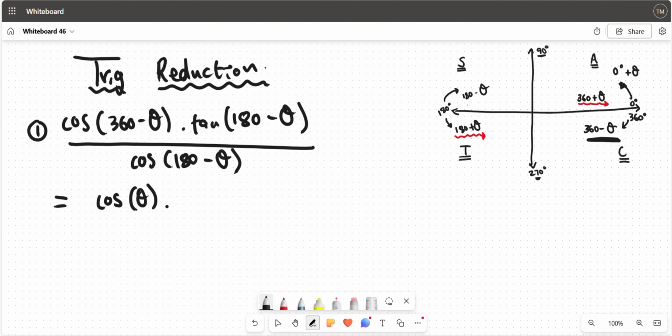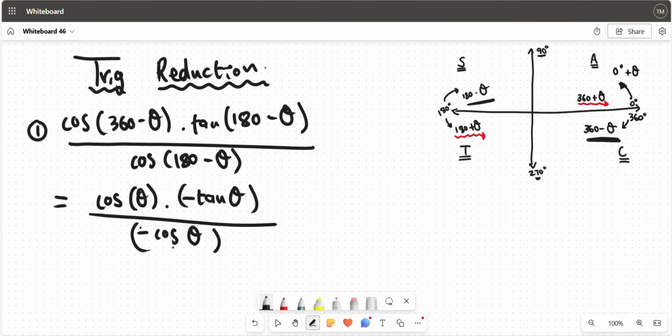That will put it in the S quadrant, and tan is negative in there. So we get this negative tan. And this is all divided by cos of 180 minus theta, which will also make it a negative. So we have a negative cos theta. At this point, you can cancel the cos, and the negatives are also going to be cancelling. And so your final answer is just tan theta.